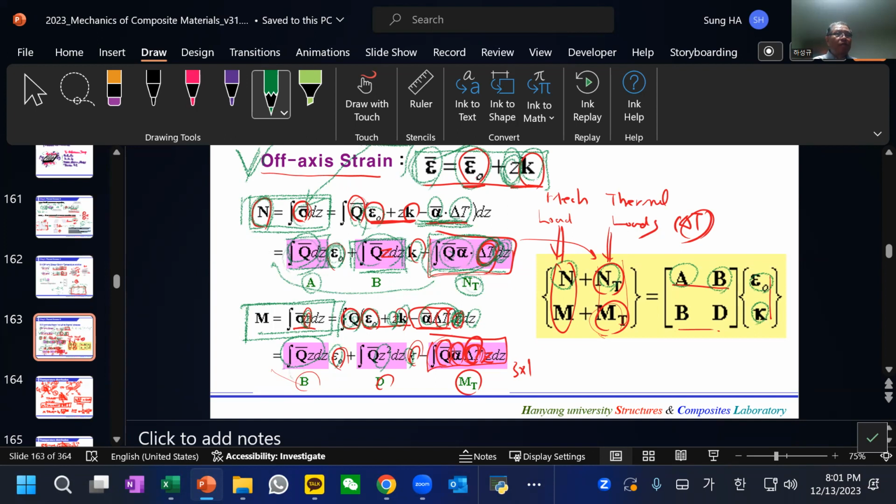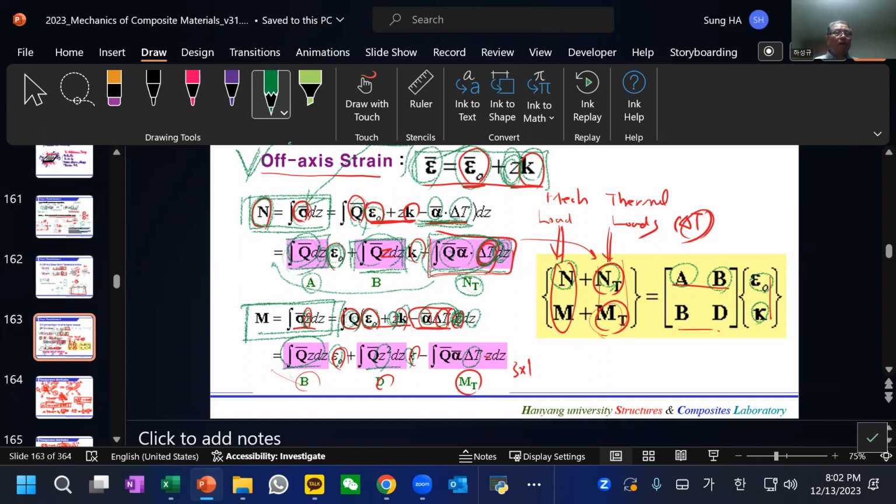So this is the B matrix and D matrix. Now we have a new term due to bending. I like to delete this one. Okay, so this is the new term caused by the delta T. Again, delta T cannot be out of the integration because the delta T temperature can be a function of z, which means that it can be different from ply to ply.